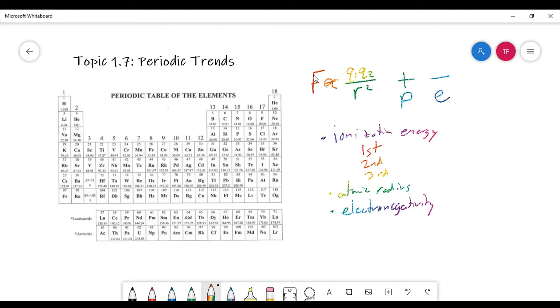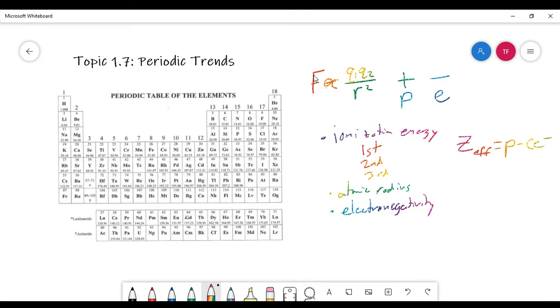If you look at the periodic table, as you go across a period, each successive atom has a higher effective charge. And remember, effective charge, Zeff, is equal to the number of protons minus the core electrons.